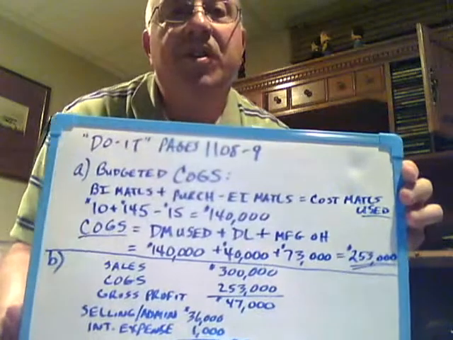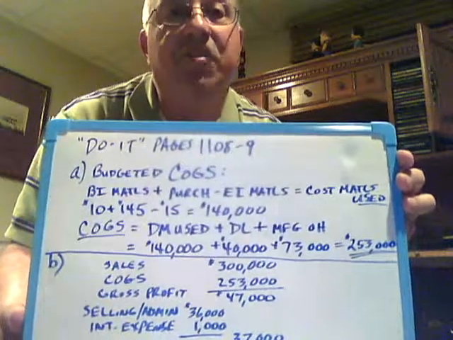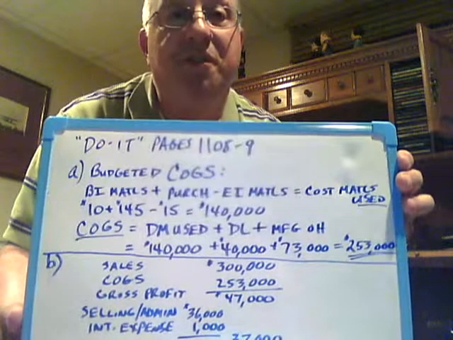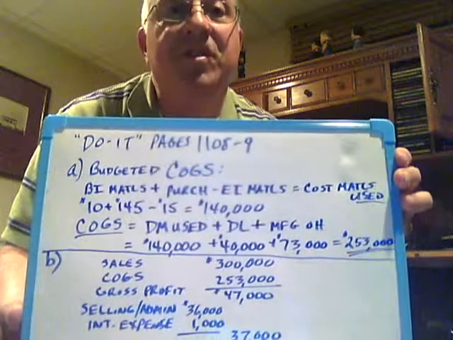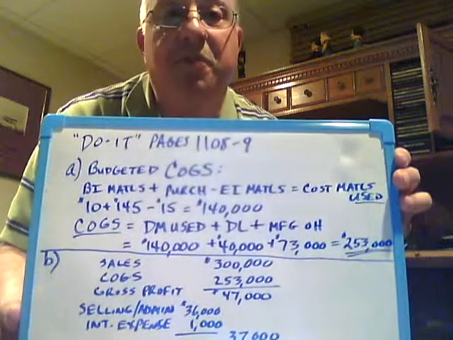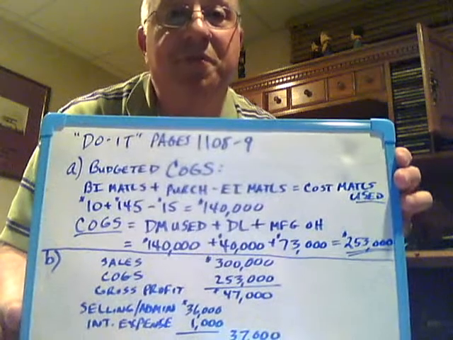So we need to realize the ingredients that go into the cost of goods sold, that being, of course, the materials that were used, the direct labor that was used, and the manufacturing overhead that was used.